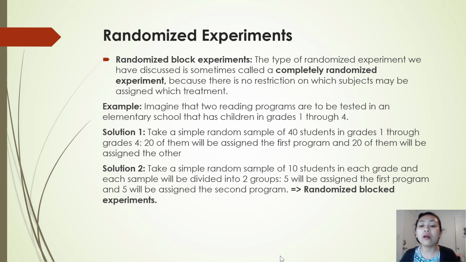So not only do we study the effect of the two programs, we also study the effect of the blocks, since students in different grades may have different outcomes. That's how randomized block experiments work. I repeat, we have to consider the blocks in the experiment.